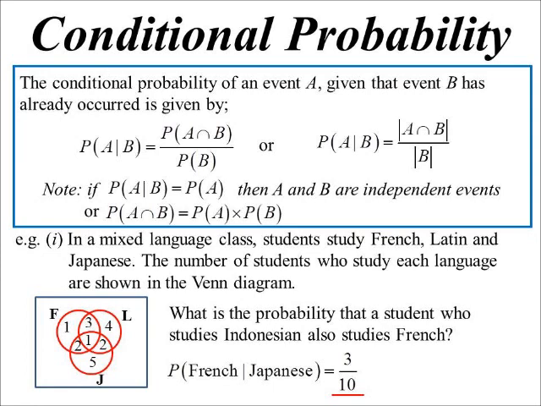I'm only looking in the Japanese, because we know that's a fact. It's only the students who study Japanese, and of those, 3 also study French. That's where we get our 3 out of 10 from. It's like the other ones just don't exist. They're not part of what we're considering.